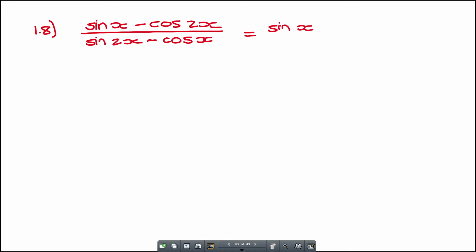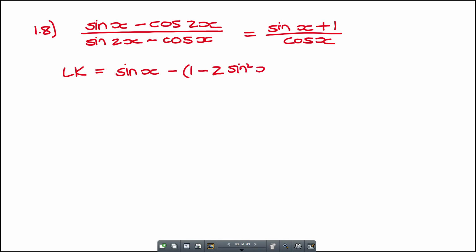Miskien hierdie pen maak dis snaakse goedjies met my. Okay, right, so again I'm going to work with the left hand side. Die linkerkant. Goed, die sin x gaan eers gou net so bly. Then minus cos 2x, I am going to change to 1 minus 2 sin squared x.